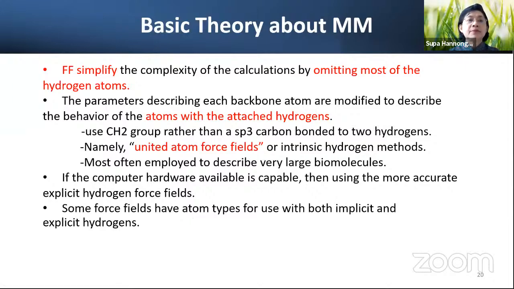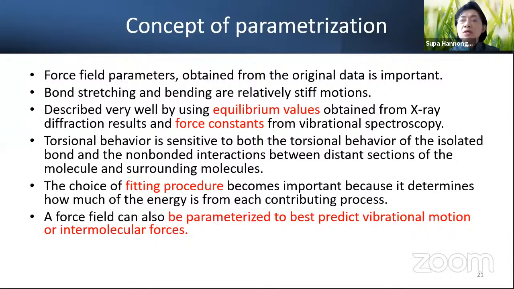So I'd like to give you a little bit more information: the force field parameters are very important, the parameters, the force constants, the equation.